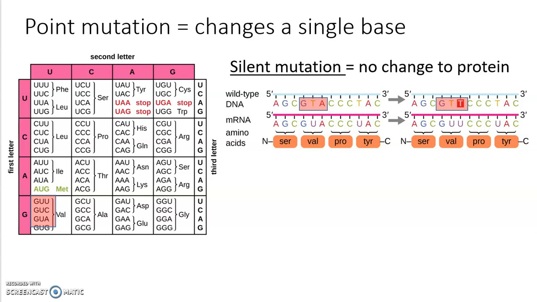And when you have a silent mutation, in this example we have this DNA region that is coding for this message right here, and then that is coding for this order of amino acids that would be inserted as the ribosome is reading the message right here, and the tRNAs carrying those amino acids are coming in and dropping off those amino acids for the protein.